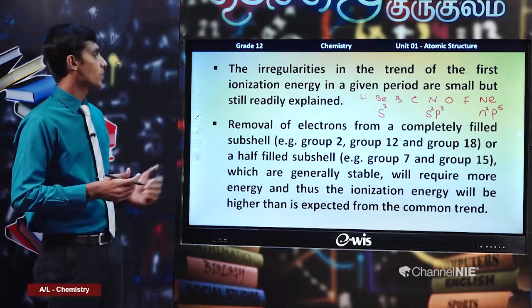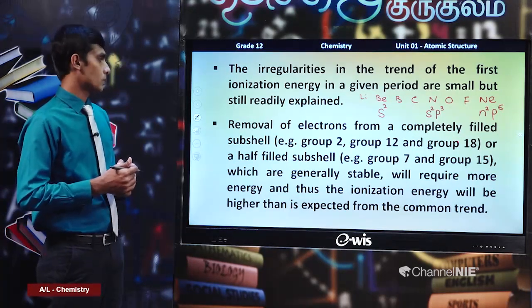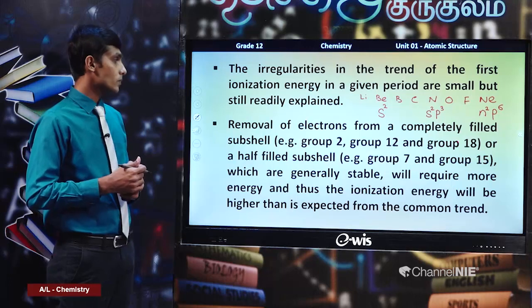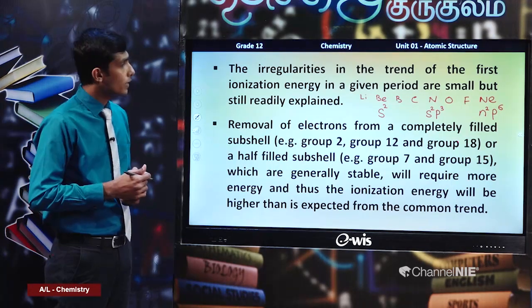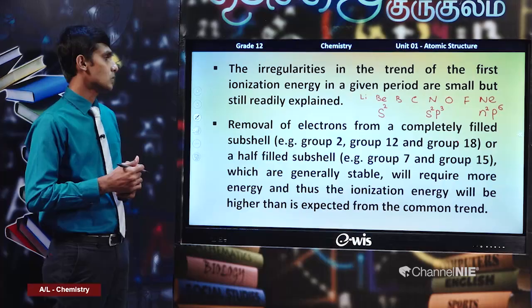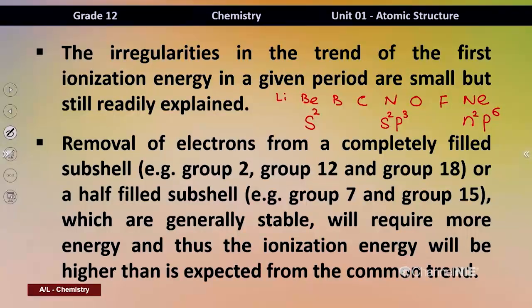You can see removal of electrons from a completely filled subshell: group 2, group 12 and group 18. When it comes to those elements, here it is NS2 configuration. In group 12 you have D10S2 configuration, D block, and group 18 NS2 NP6 configuration.